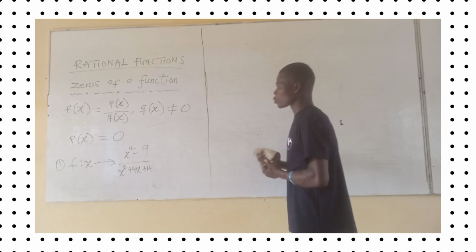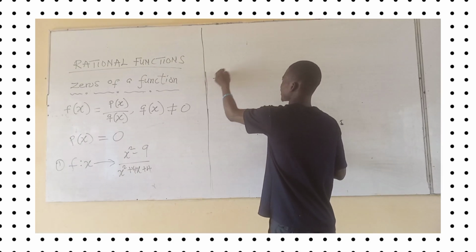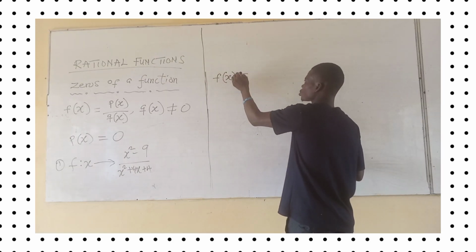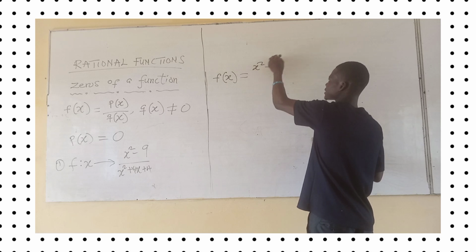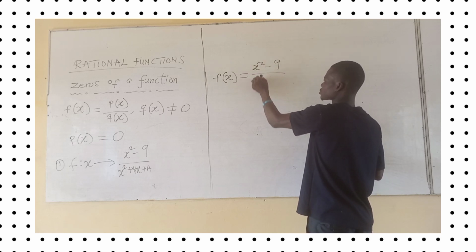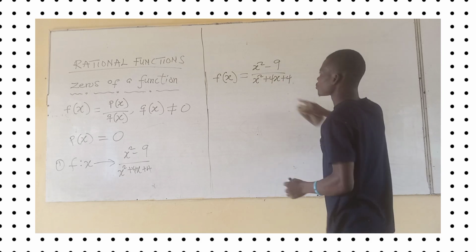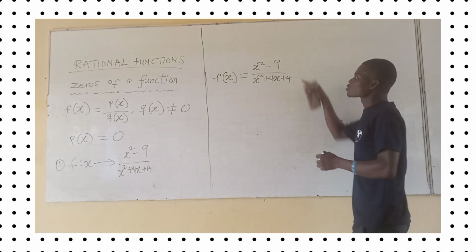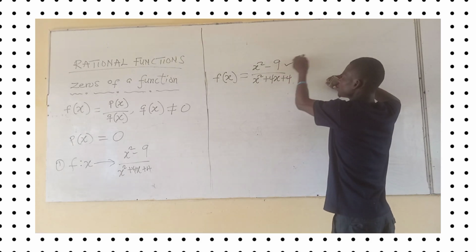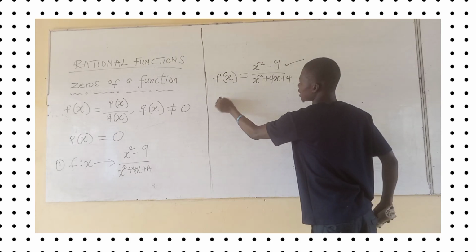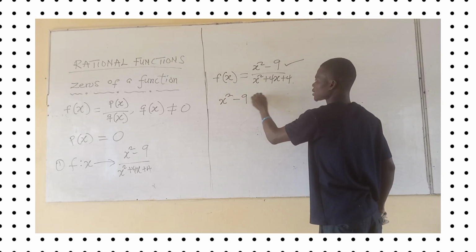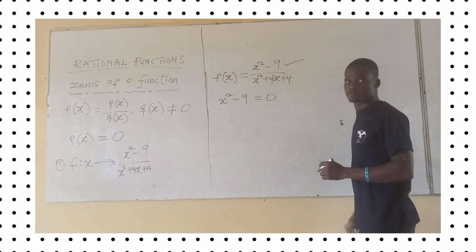So from this function, we equate the numerator part, s squared minus 9, equal to 0.